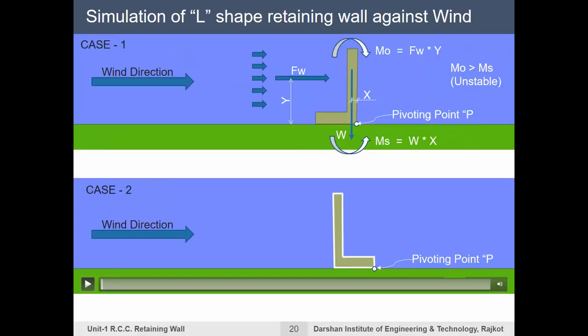Now consider case 2 of the slide, where the projected leg is pointed away from the wind. Let's see what happens.